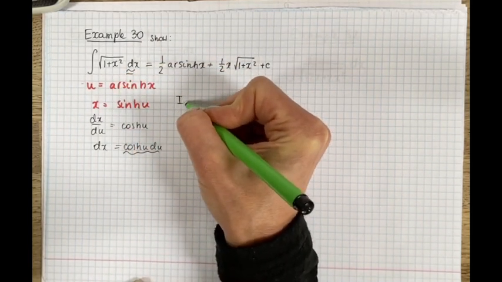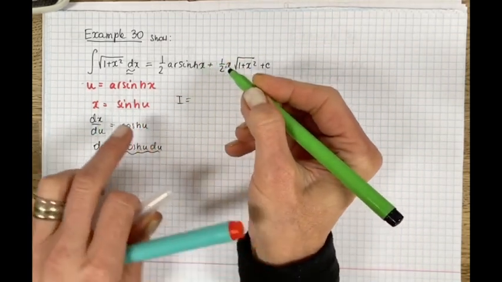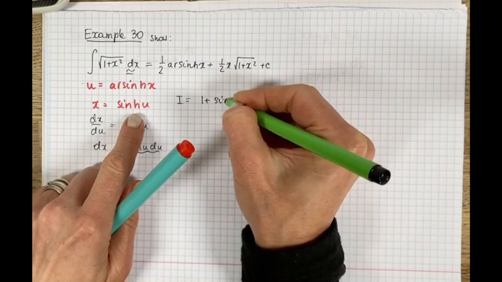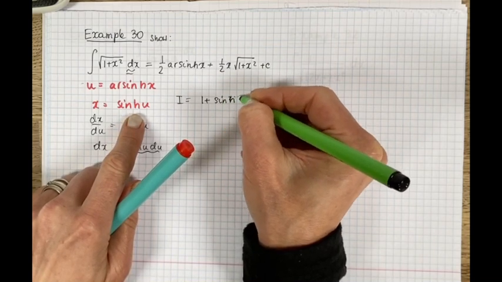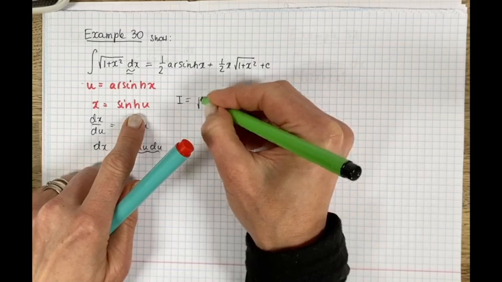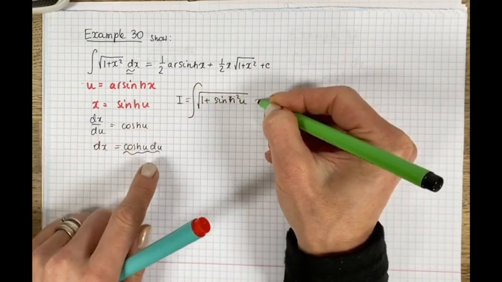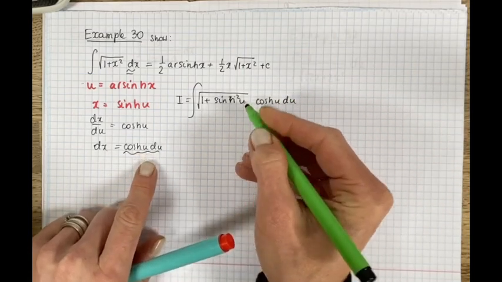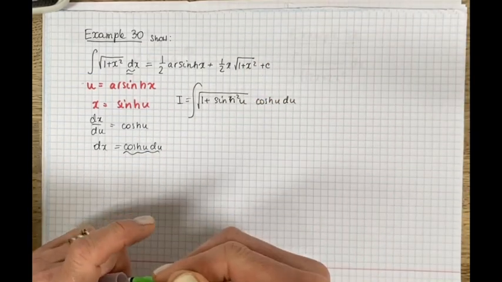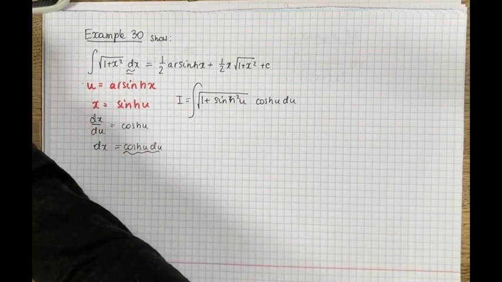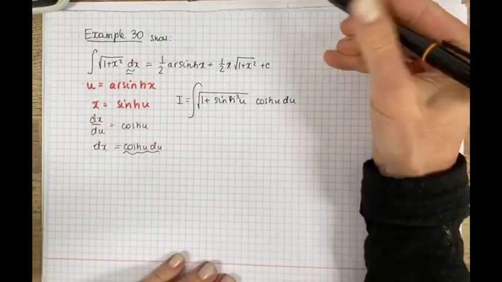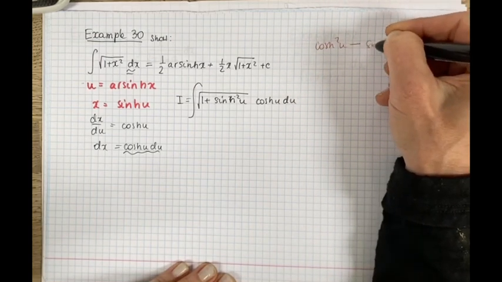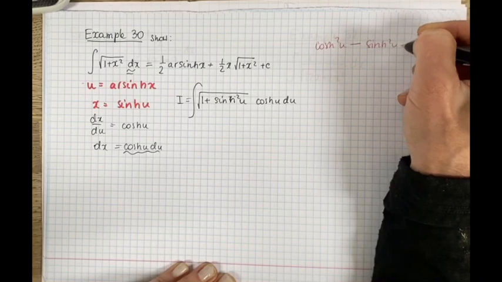So now my integral is going to be, you've got 1 plus x squared, so it's the square root of 1 plus sinh squared u, and then times cosh u du. Just remind yourself of the identity that we must use here. Remember, the identity was cosh squared u minus sinh squared u equals 1.